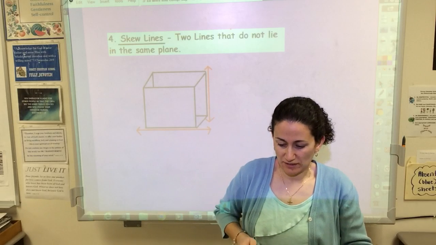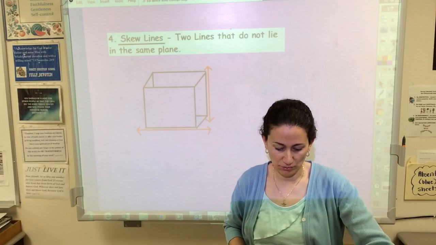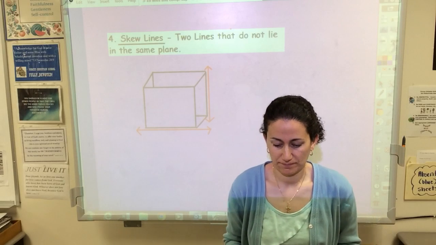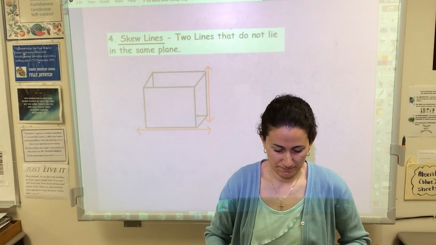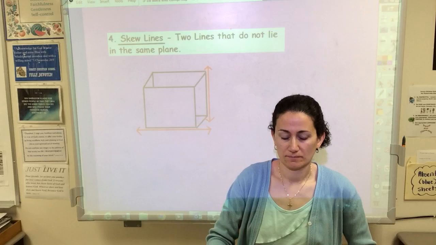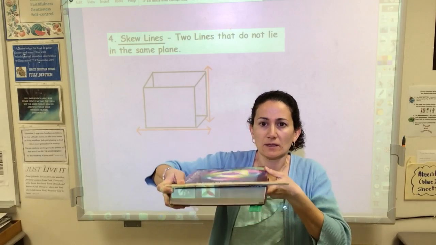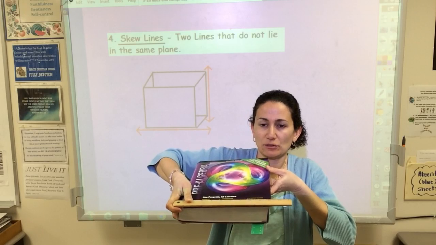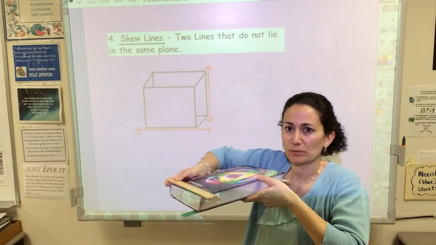Let me see if I can find another example of skew lines for you on this book. When you look at where I have the rulers, again, I'm showing you a different example of skew lines. They're on completely different planes.